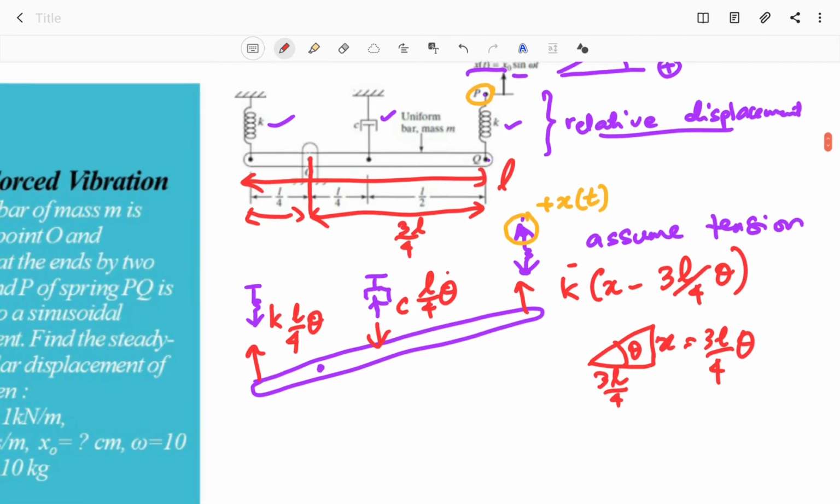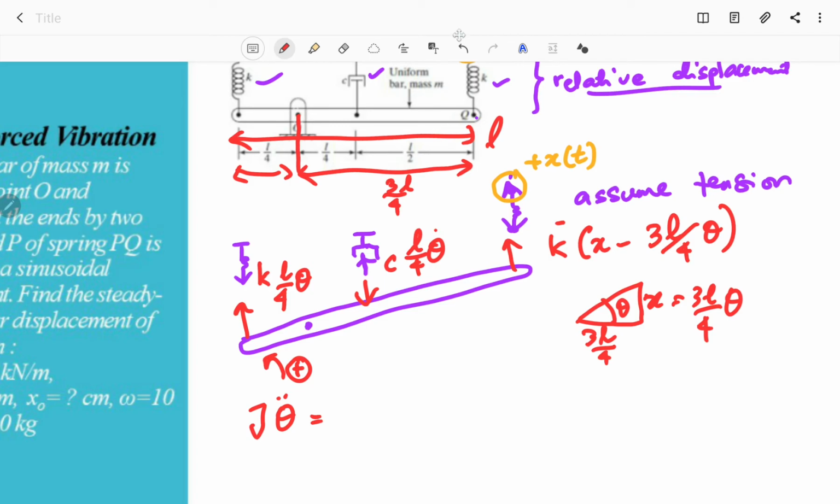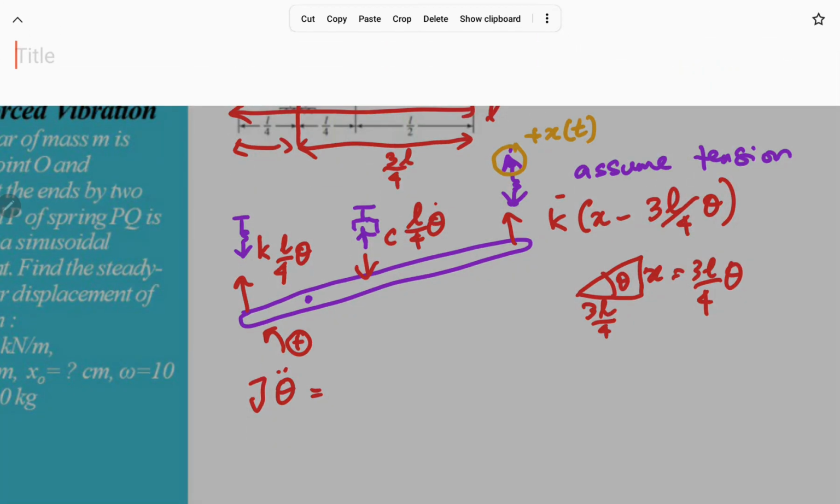Alright, so when you write your equation of motion, you would have J theta double dot equals the summation of moments. So which direction do you look at? As I said, we already assume counterclockwise as positive. So if you go from the pivot point to that arrowhead, you will get negative.